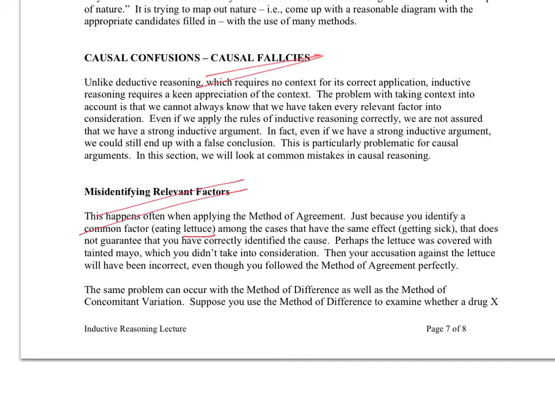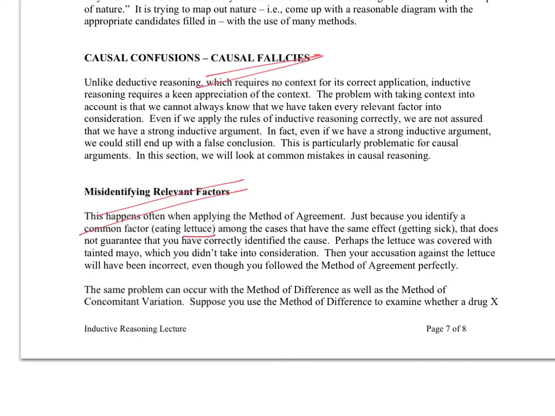Just because you identify the lettuce as the common factor for the illness doesn't mean that that's actually the cause. And the reason is because the lettuce could also have been in agreement with something else that was the real cause.